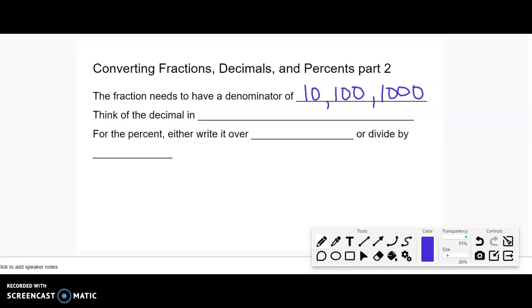So think of the decimal. Once we do that, then you can think of the decimal in hundredths, like we've done before, or tenths, or thousandths. And then for the percent, either write it over 100, or we can divide by 100 to get the decimal. If we want to write it as a fraction, we write it over 100.